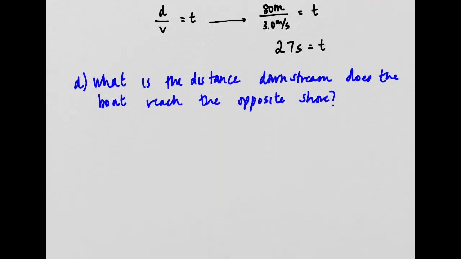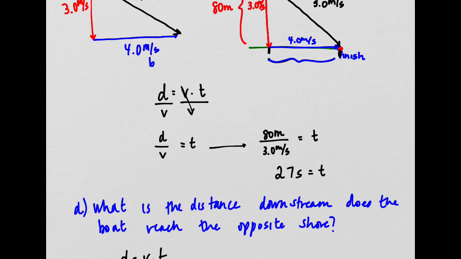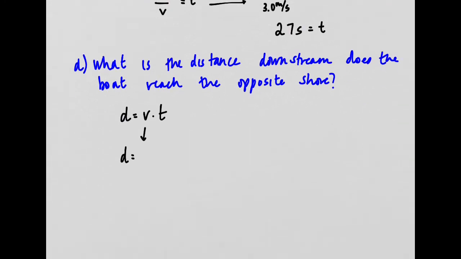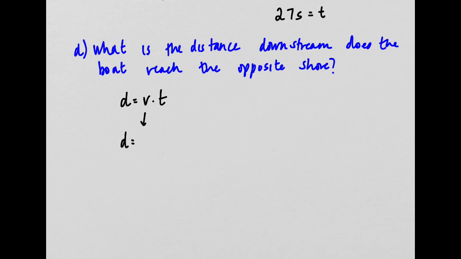So I want to know the distance. Remember that distance equals velocity times time. So which velocity do I use? Well, I'm looking, like I just said, for that horizontal distance. So I'm going to use this horizontal velocity or speed as well. So I'm going to use 4.0 meters per second.